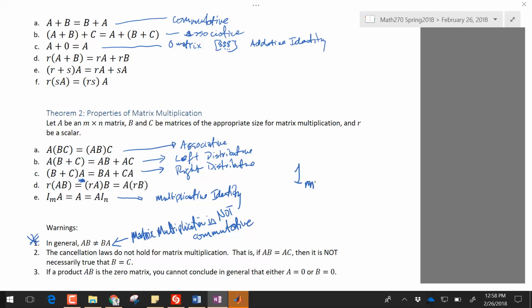So first of all, in the warnings, the first one is that AB is not necessarily equal to BA. It's not commutative. And so because it's not commutative, the idea of the cancellation law might not work out. If AB equals AC, then you can't just automatically cancel A. And that fact will be discussed today when we talk about inverses.